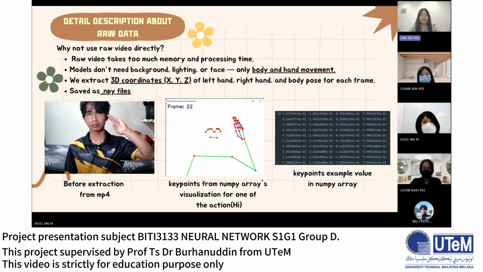The model doesn't need background, lighting or face; it only needs the body and hand movement. So we extract 3D coordinates of the left hand, right hand, and the body pose for each frame, and save them as NumPy files. This is an example of one frame from the MP4, and then we extract the key points into a NumPy array, and this is an example of the key point values in the NumPy array.